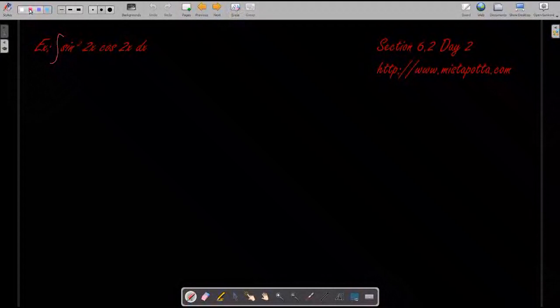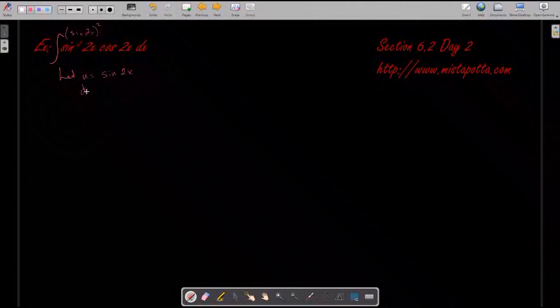So what I'm going to do is go through our traditional way of approaching this problem. If I let u be sine of 2x, because I'm looking at this as a composition of functions, it's really sine of 2x that's being squared.